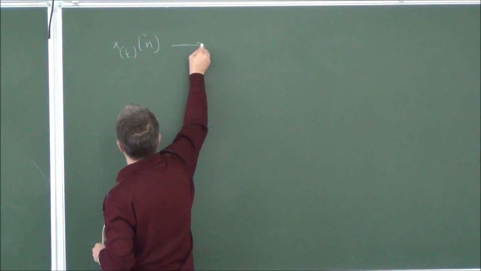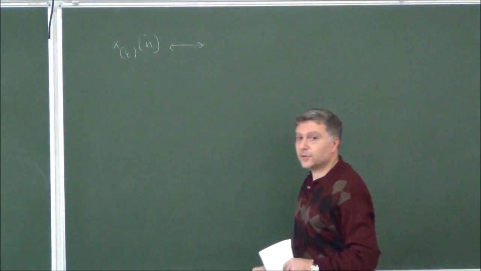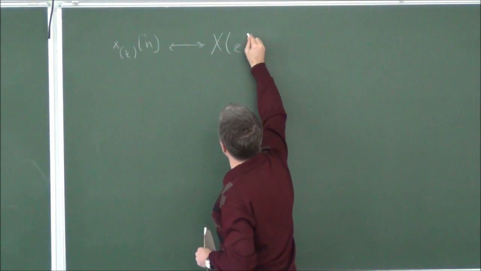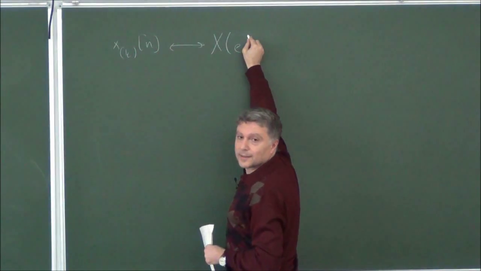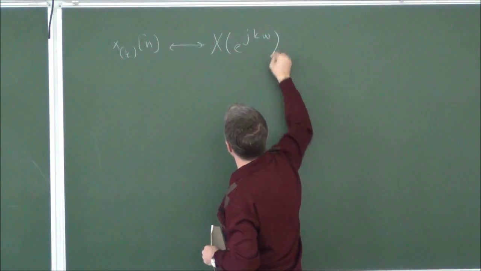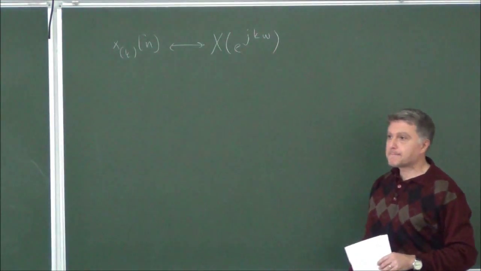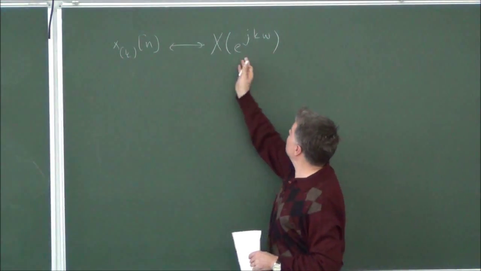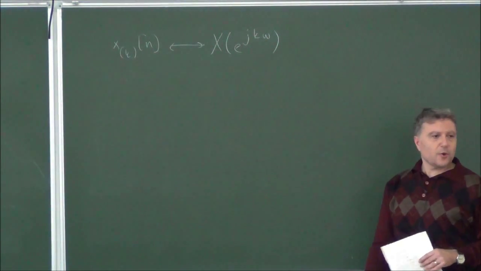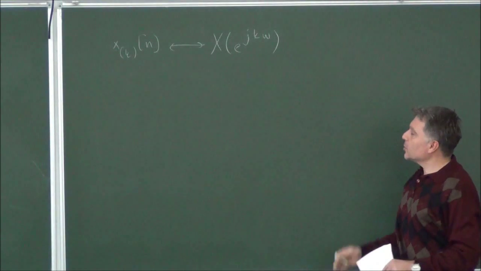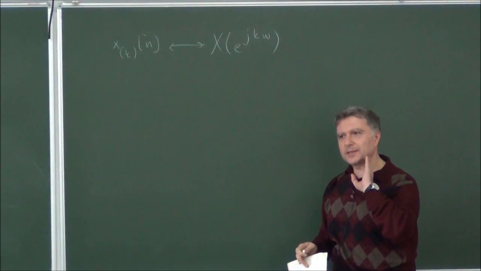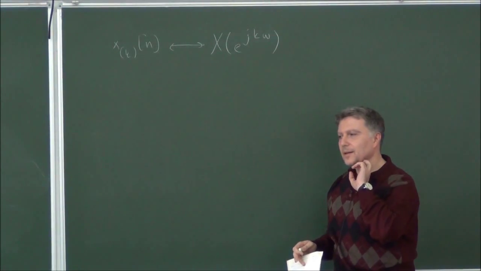This is an upsampling by a factor of k, and the Fourier transform of this upsampled signal is x of e to the what? j times k times omega. That's it. If it is 2, it is e to the j2 omega. If it is k, that is e to the jk omega. Simple. So upsampling is quite easy in Fourier transformation.